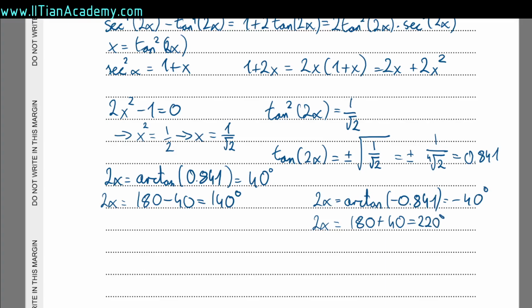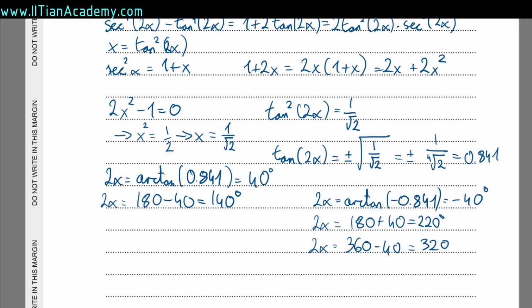And this was in quadrant 3. However, we can also find this in quadrant 4 if we subtract. So we can also say 2 alpha is going to be 360 minus this 40. This will also be a negative solution here.